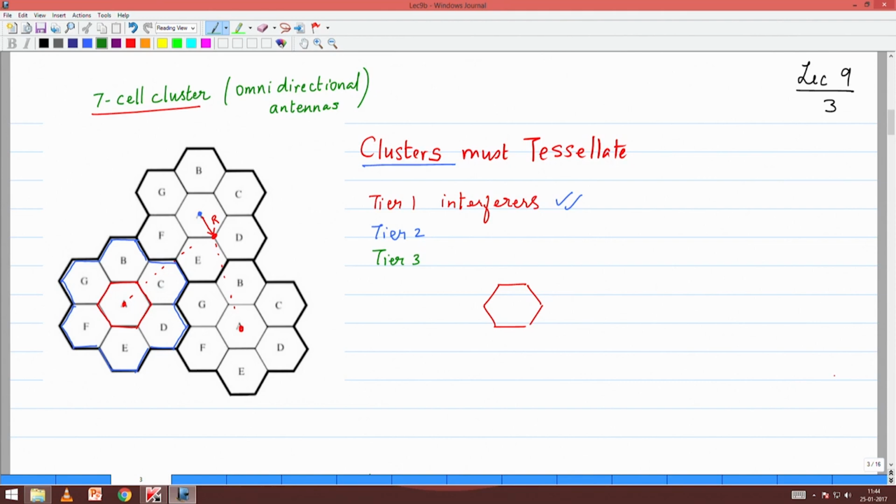Uplink means the mobile is at the edge of the cell, it is transmitting upwards. Now the uplink interference can come from other mobiles, right? Who are very close to the edge of their cell and therefore are causing interference to my base station. So basically I can think of these two positions in cell A, which could be the ones where the mobiles sitting there could cause interference to me on the uplink.